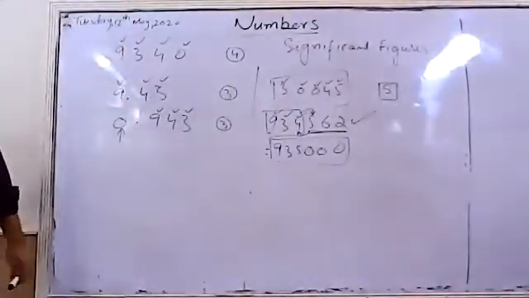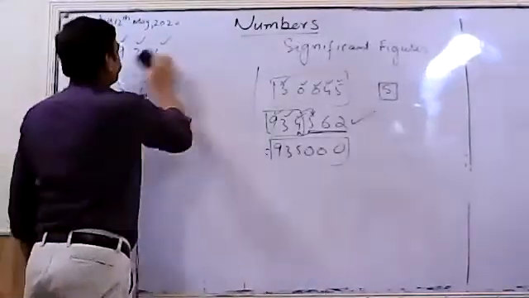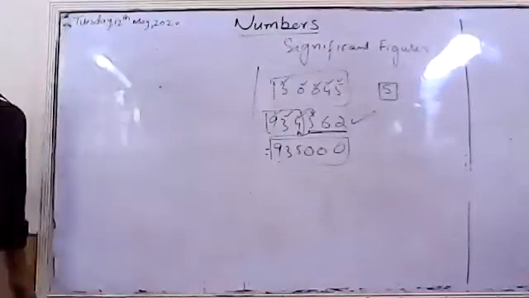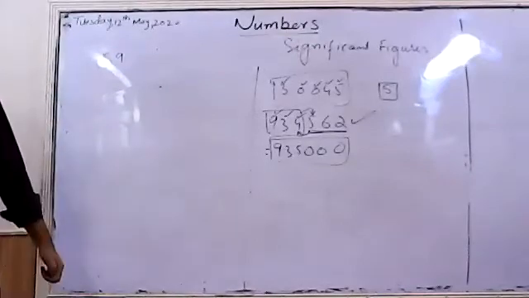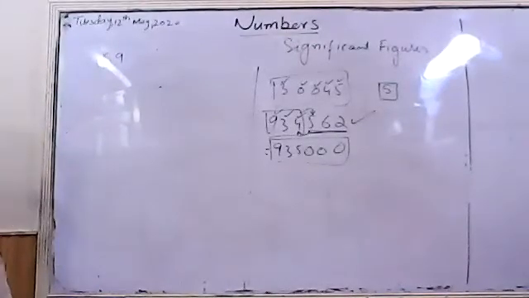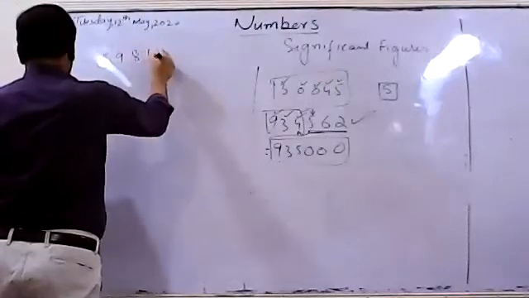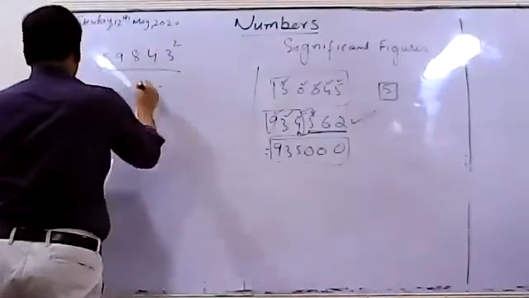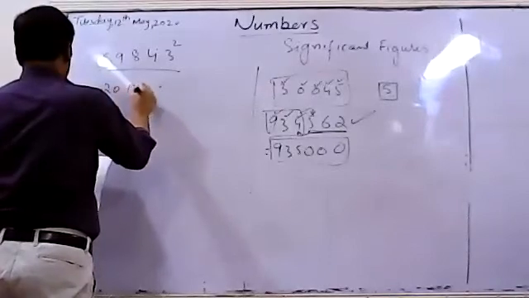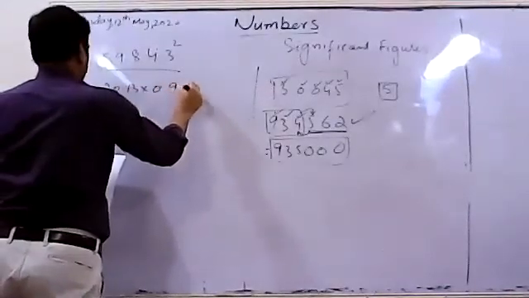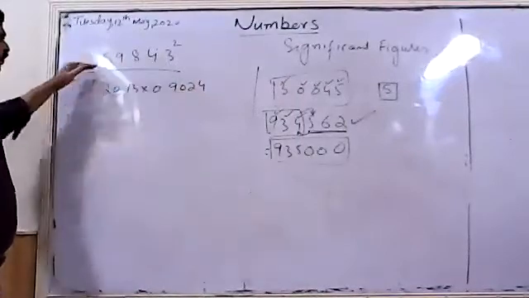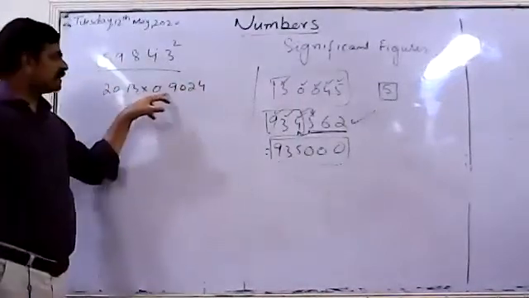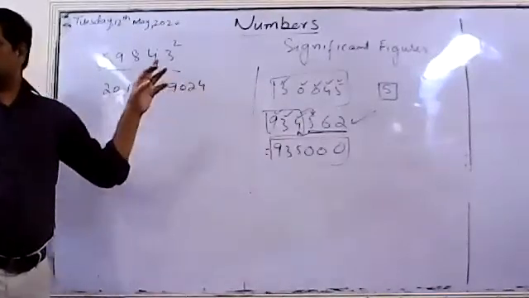Second, students, approximation and estimation. I have written a question: 59.843 squared over 20.13 multiplied by 0.9024.